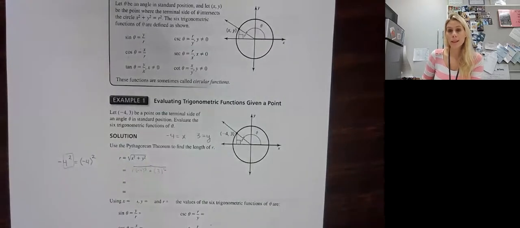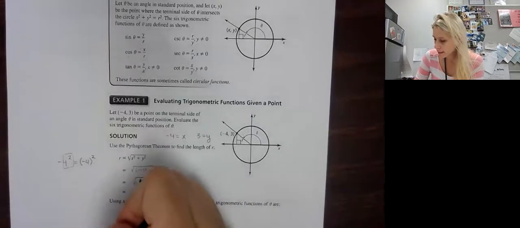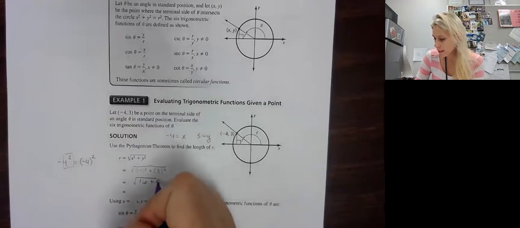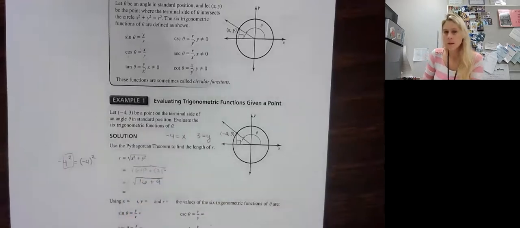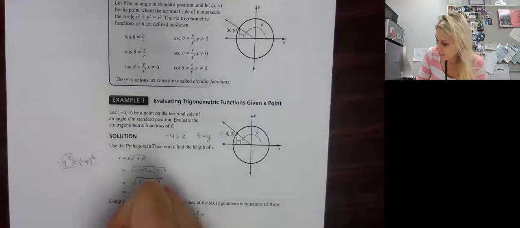And we need those parentheses. So sometimes it's even better just to do it without a calculator. -4 times -4 is a positive 16. And 3 times 3 is 9. Well, that gives me the square root of 25. And that is a perfect square, correct? So the square root of 25 is 5.